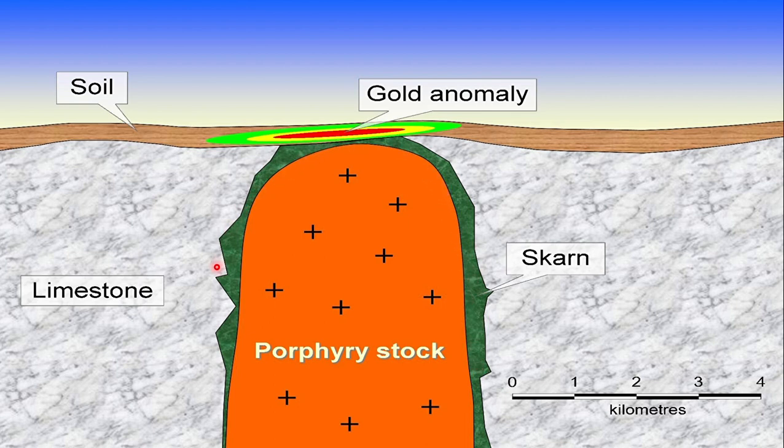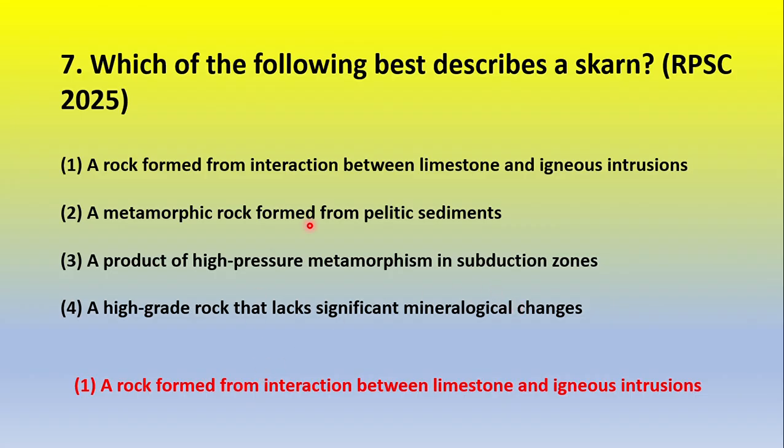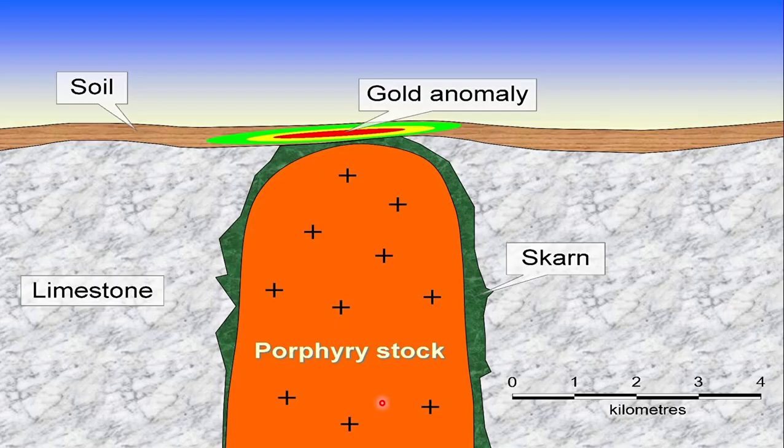Skarn forms at the intersection between the carbonate rock and igneous intrusion. So see again the question: which of the following best describes the skarn? Skarn is a rock formed from the intersection between limestone and igneous intrusion, and we already know skarn is a metamorphic rock.